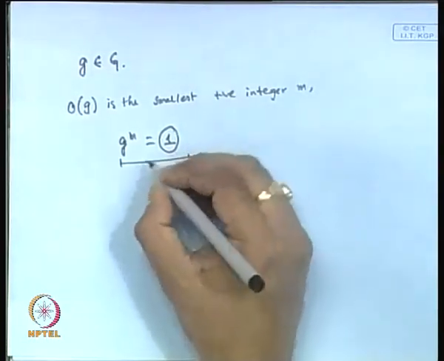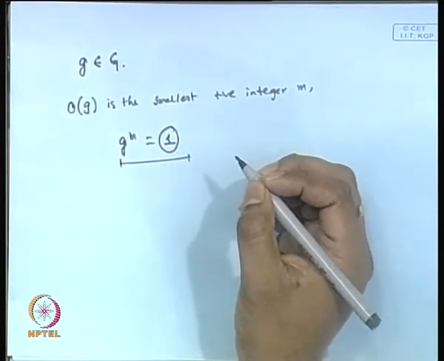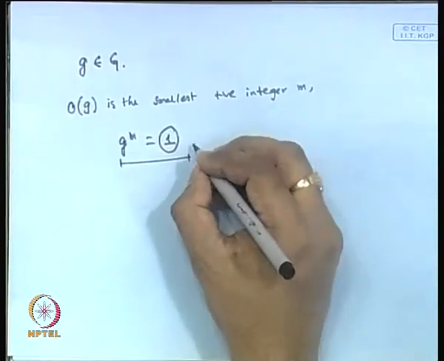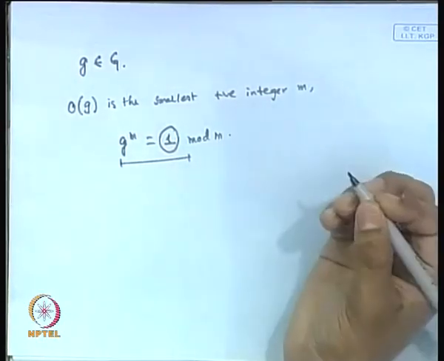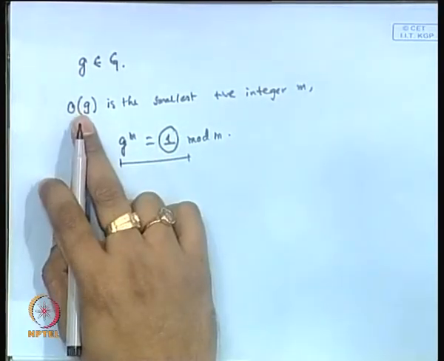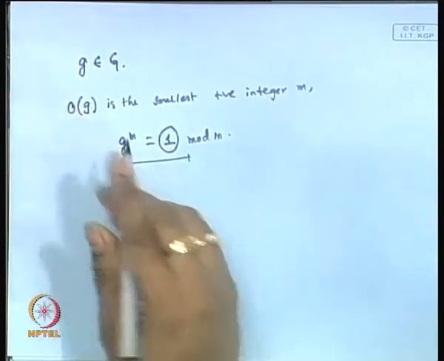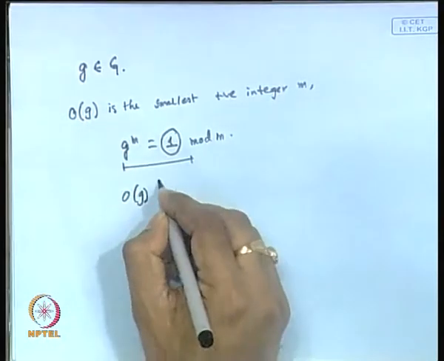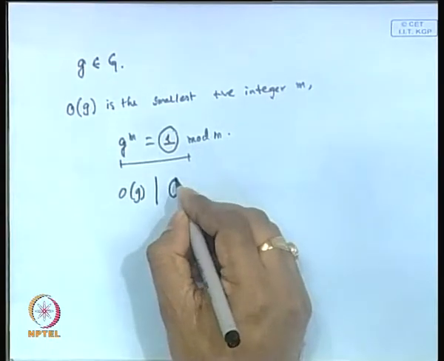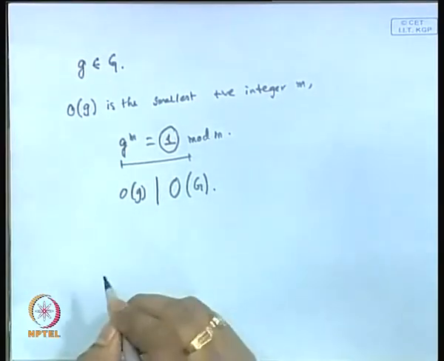So, g to the power m is equal to the identity, or 1, mod n. What I am saying essentially is that the order of g will divide n, the number of elements in the group G.